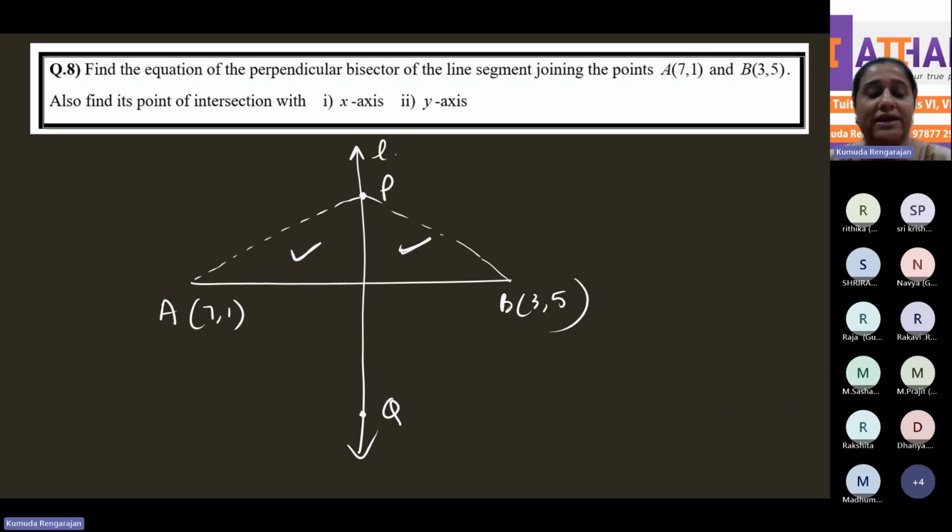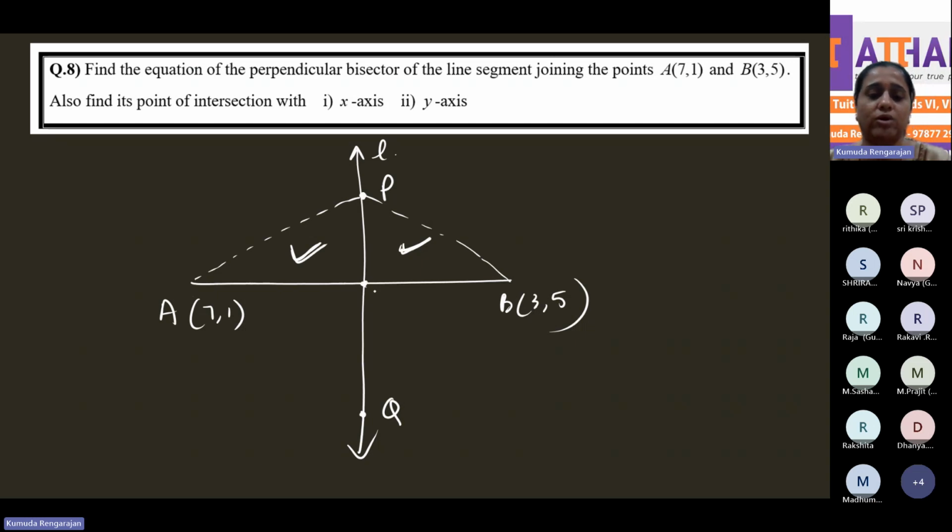You can take any point on the perpendicular bisector L. So we have marked the point P on the perpendicular bisector L. Now PA will be equal to PB. It's not given anywhere, and you don't have to prove it also. But PA will be equal to PB because you can show that these two triangles are congruent to each other.